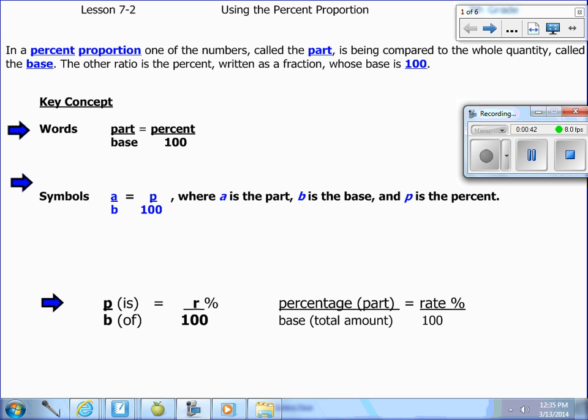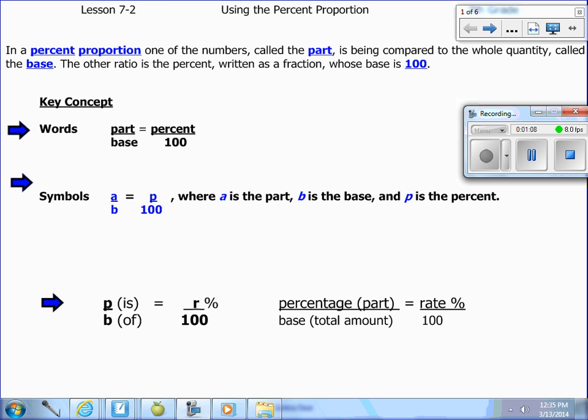Now, when you see some examples or questions, one way that you can remember where to place each of the numbers: if the number is near the word "is," that is normally going to be the part.